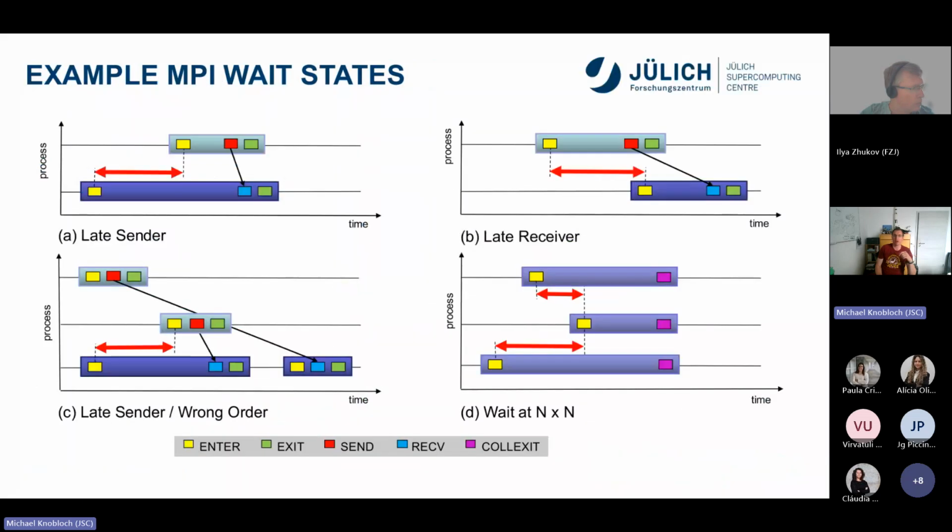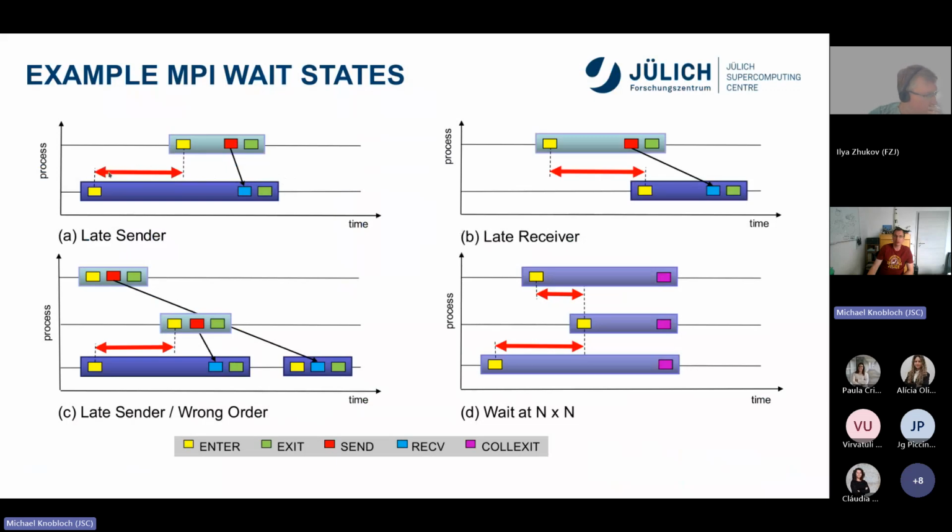So, and what are these patterns that we are looking for? Well, we call them MPI wait states, basically. So looking at the first example here, this is what we call a late sender. So we have two processes, A and B. One process sends a message to the other process, right? But the receiver posted the receive before the sender reached the MPI send, right?